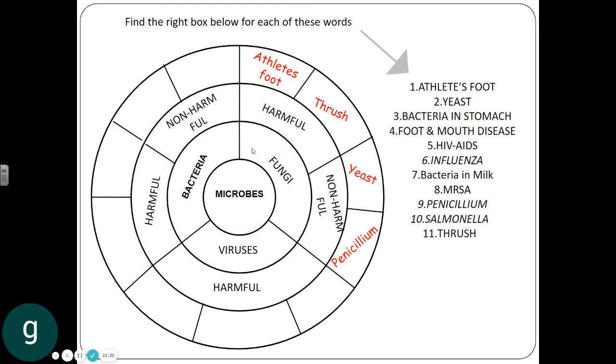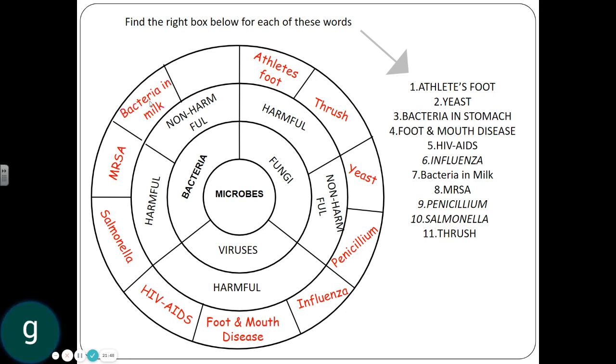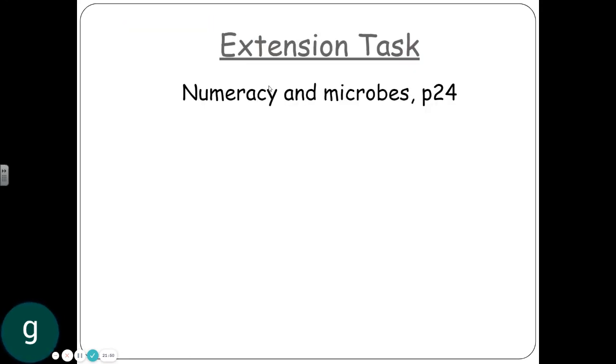Fungi non-harmful: yeast, and penicillium, where we get antibiotics from. Viruses harmful: influenza, foot and mouth, and HIV, which causes acquired immune deficiency syndrome. There are helpful viruses, but we don't talk about them. Bacteria harmful: salmonella, MRSA. Bacteria not harmful: bacteria in milk or bacteria in your stomach.